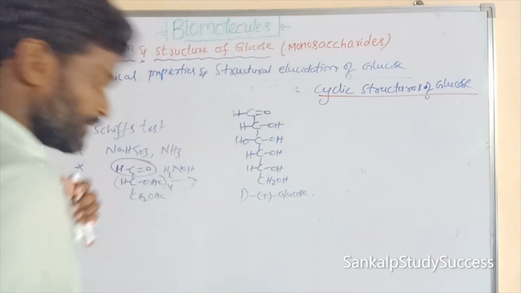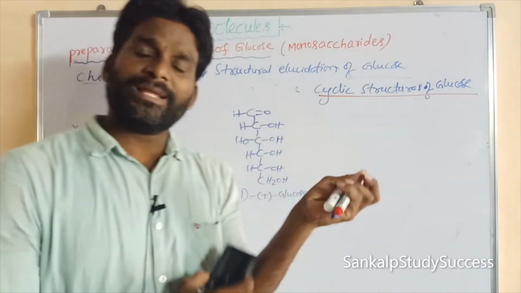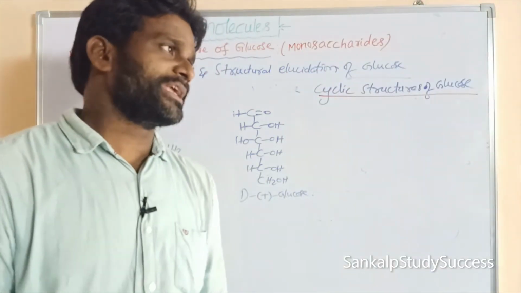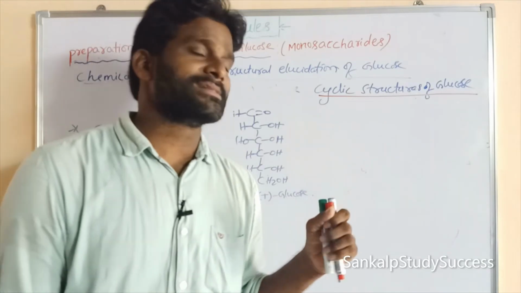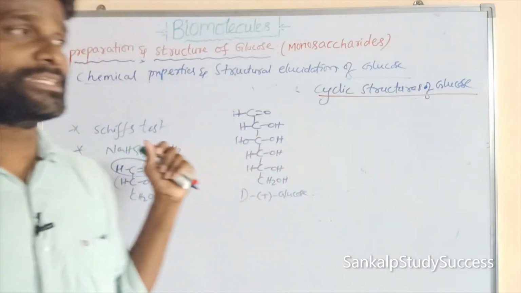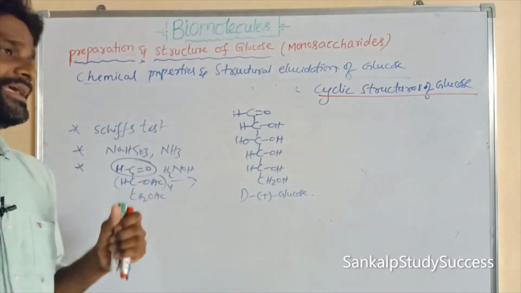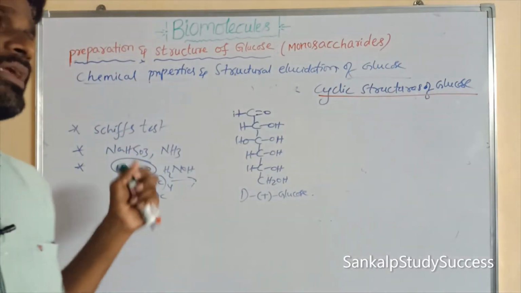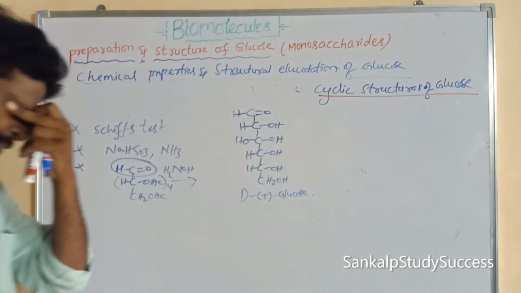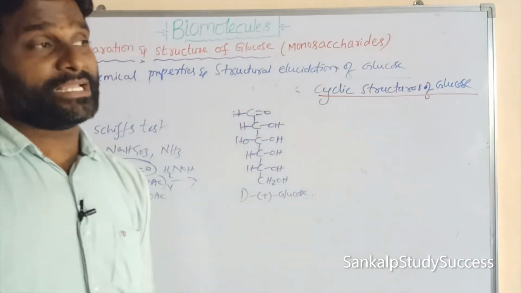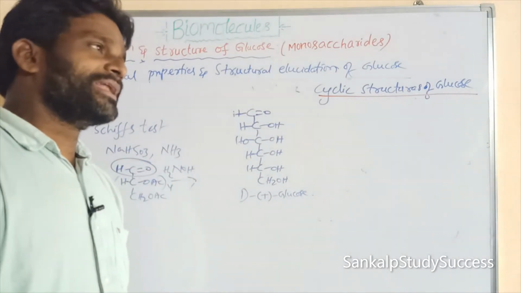The open chain structure explains many chemical reactions and properties, but it does not give Schiff's test, and it does not react with NaHSO3 and NH3 in spite of the free aldehyde group, and glucose pentaacetate does not react with hydroxylamine.